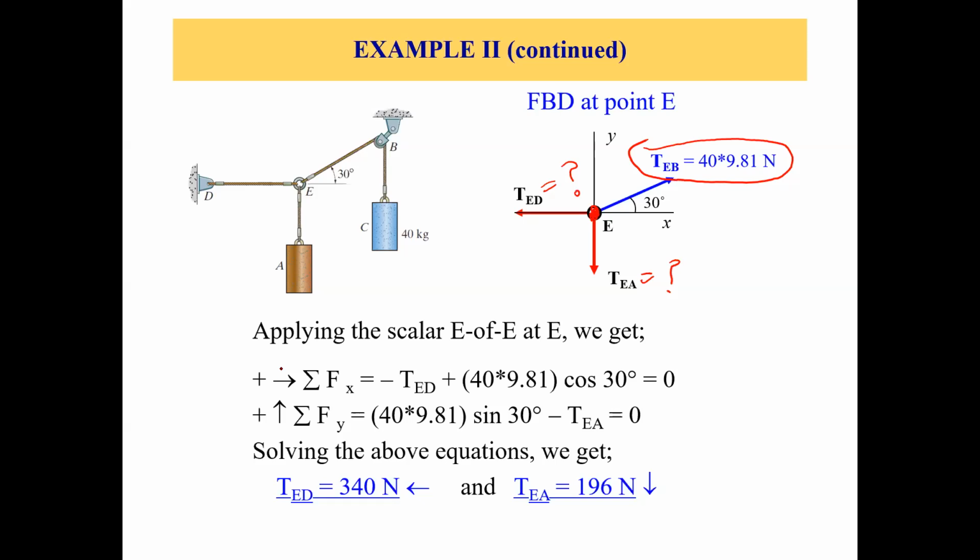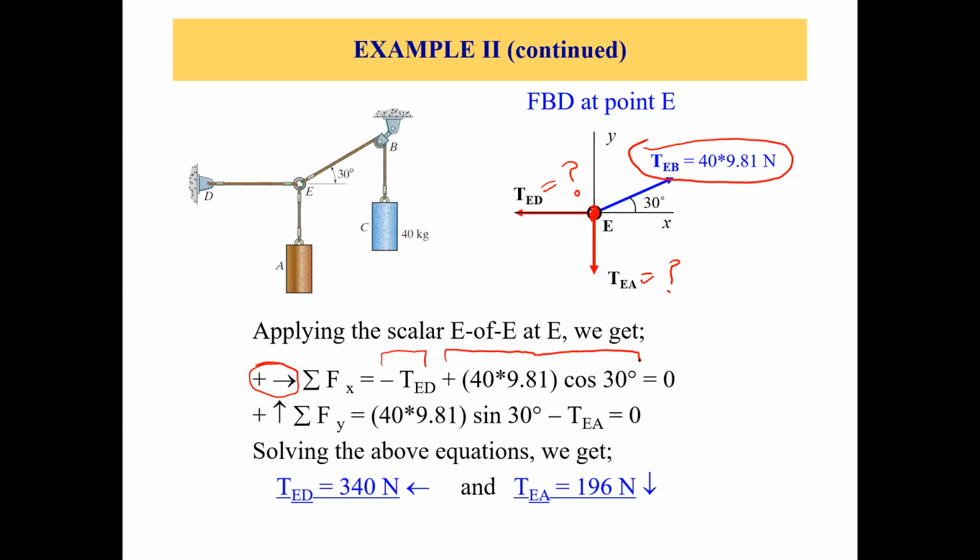Sigma Fx equals 0, sign convention very important. What are the forces in the x direction? We have two forces. We have TED, which is a negative force, and we have the x component of TEB, which is a positive force. So we have negative TED, and then a positive TEB times cosine of 30.